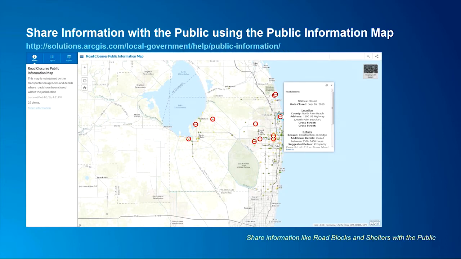In this example, we're showing some road closure information that may be managed inside WebEOC boards, but then can be shared with the public to help them keep up to date with what's going on in their jurisdiction. And given that ArcGIS Online is running in the cloud, this is scalable and can stand up to large loads that you may receive during an event or an incident.